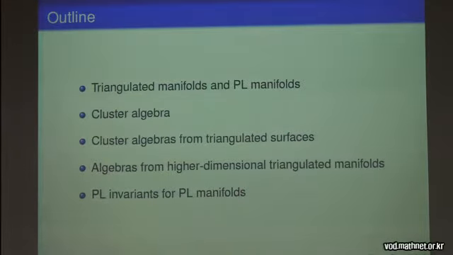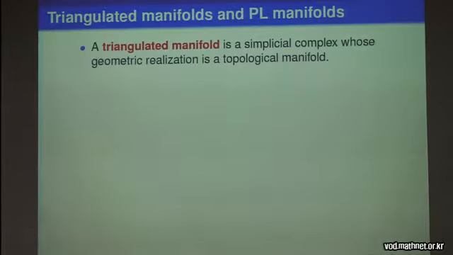Here is the definition of a triangulated manifold, which is a special simplicial complex whose geometric realization is a topological manifold.